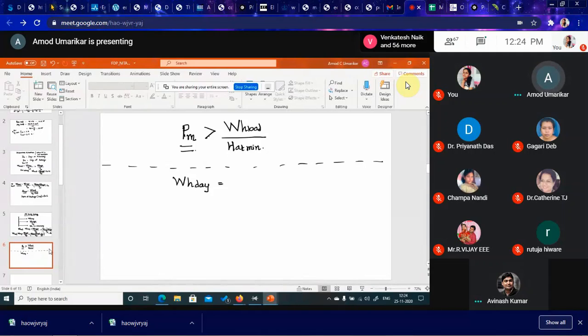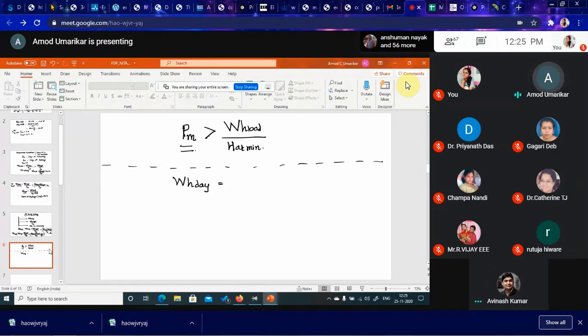So WH day will be, for the PV, we have to calculate from 9 to 4 or 5, or generally we take 7 to 5.